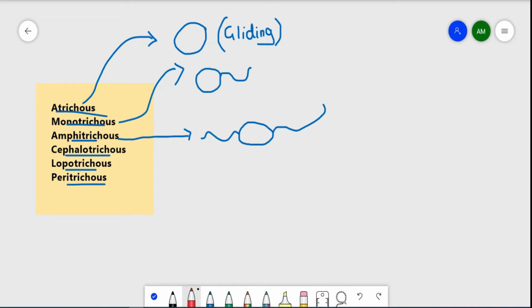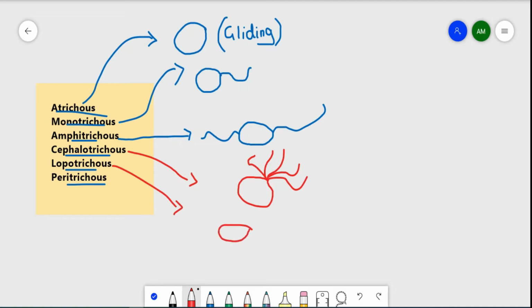So the next form is Cephalotrichous bacteria. A Cephalotrichous bacteria is a bacteria which has many flagella at one end. And the next one is Lophotrichous bacteria. A Lophotrichous bacteria is a special kind of bacteria which has many flagella at both ends.